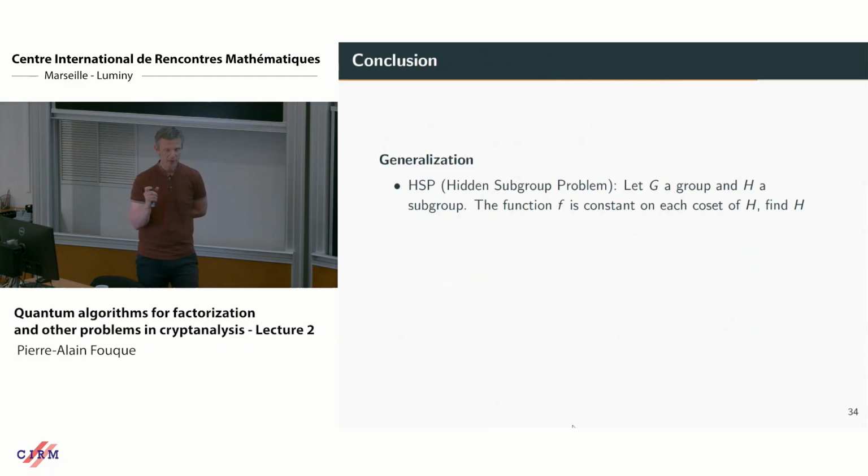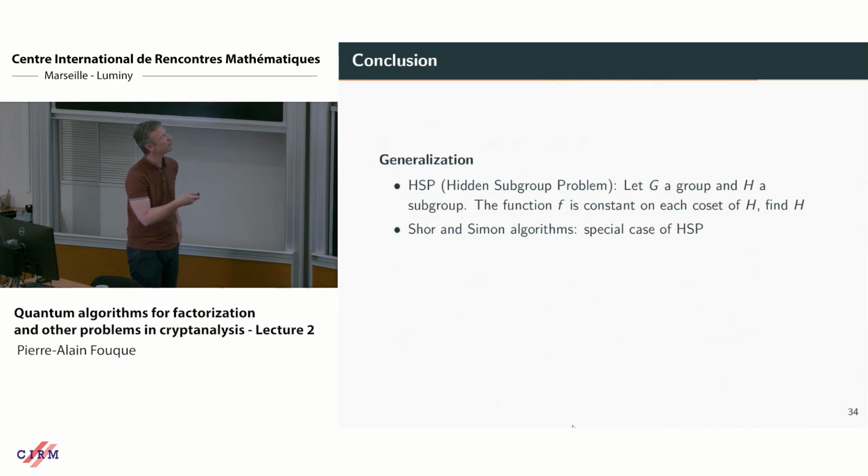For Simon's algorithm, we have cosets with two elements, x and x XOR c. For Shor's algorithm, the coset can be as large as the period r. This is a special case of the hidden subgroup problem. So the HSP algorithm is just Shor in a more abstract way, but you can embed a lot of algorithms in this setting.